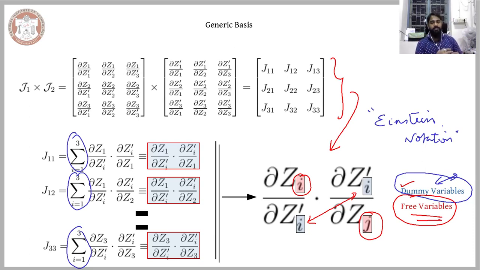So using Einstein's notation, we are now able to write the 9 entries of the product matrix using just a singular term. The dummy variables help us expand each of these entries by getting rid of the summation, whereas the free variables help us move across the different entries within the given matrix.